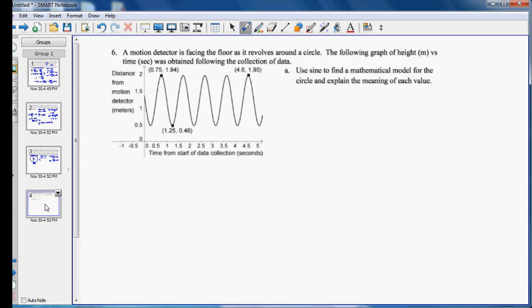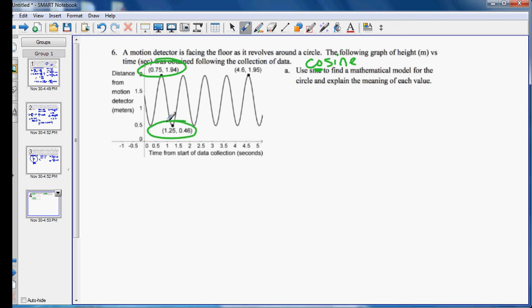So let's look. We'll just focus on these 2 points right here. We won't worry about the rest just to keep things simpler. We can see there what the maximum is. The maximum is the y value, 1.94. The minimum is the y value at the bottom, which is 0.46. So just like before, we can find our A by doing the max minus the min over 2.